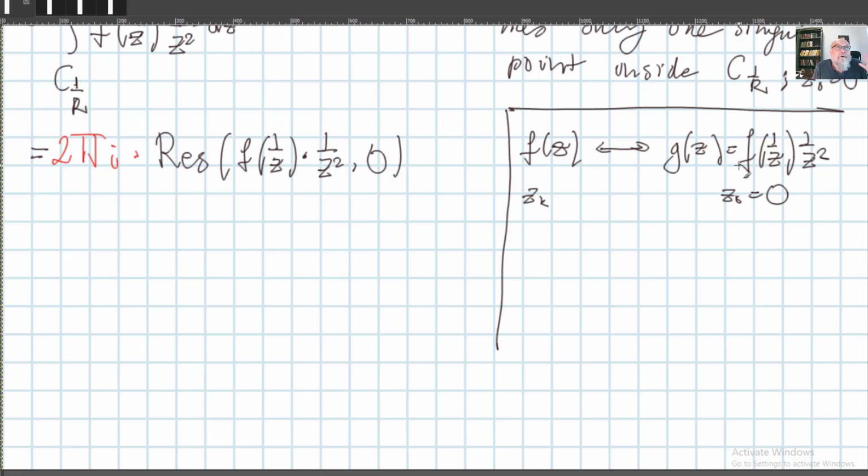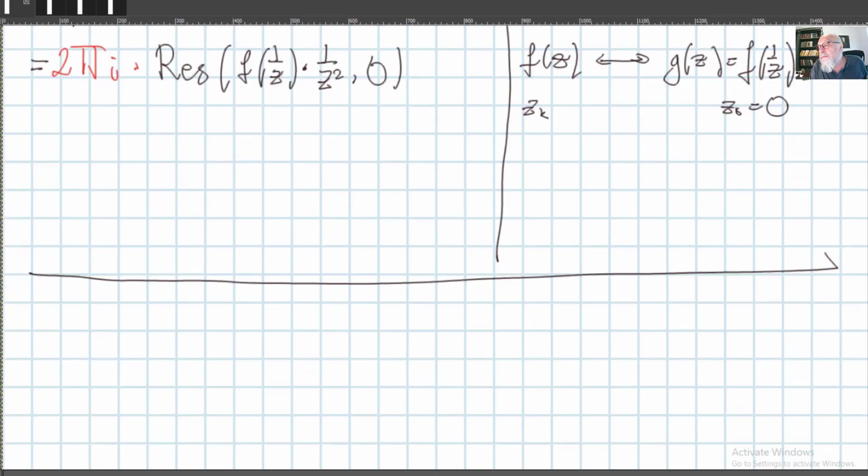So of course that requires some attention. This is kind of a big simplification, so we will introduce this as a definition. Definition.